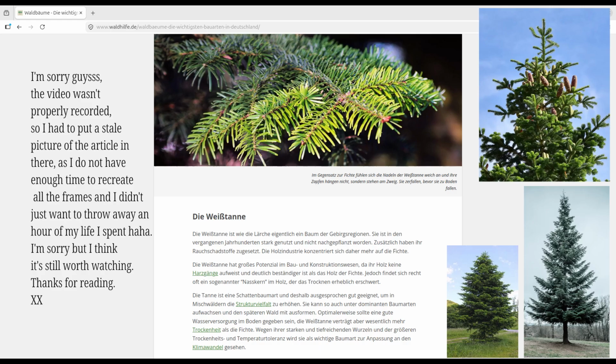So in contrast to the fir, I guess, or spruce, I'm not quite sure, to the spruce, fühlen, feel, sich, themselves. In German, feel is reflexive, like we say in German, ich fühle mich, I feel myself, ich fühle mich schlecht.